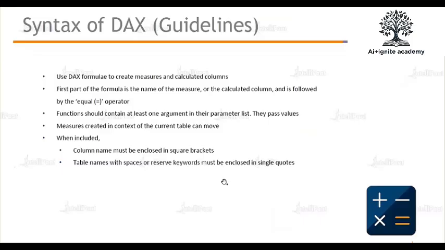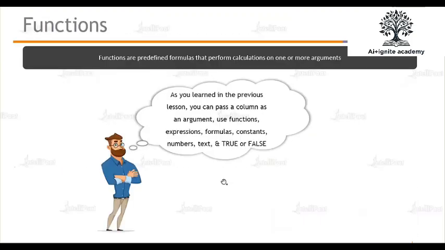Then when we move to the function side, in DAX we have lots of functions. Some functions may require one argument, some may require more than one argument to be passed. In functions, there are some defined rules. For example, for some functions you first have to pass the table, so that the function holds that table inside the memory, and after that it executes the rest of the expression on that table.